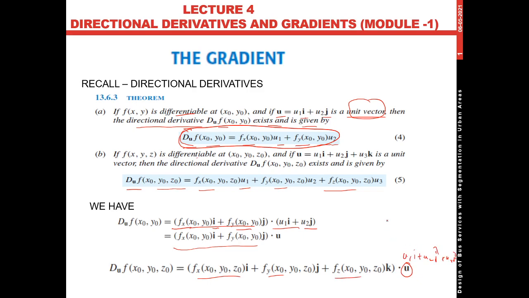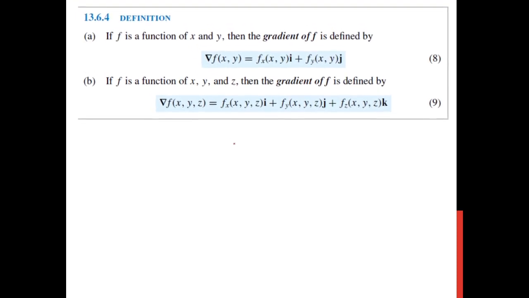Now I will define what the gradient is. Definition of gradient: if f is a function of x and y, then the gradient of f is defined as del f equal to fx(x, y) i plus fy(x, y) j.